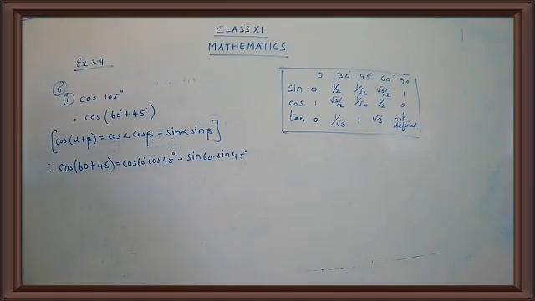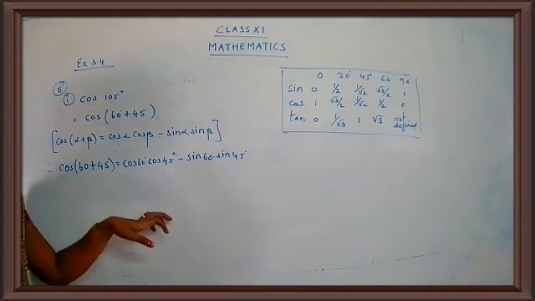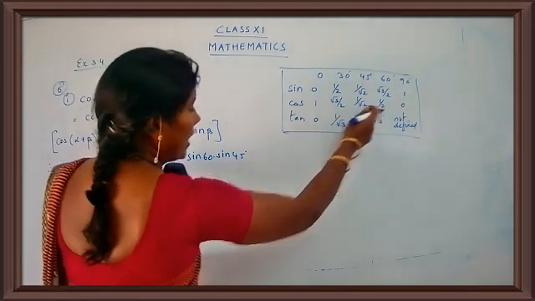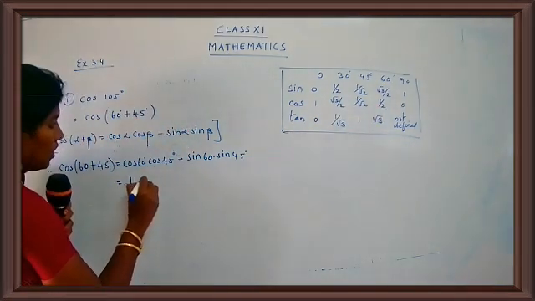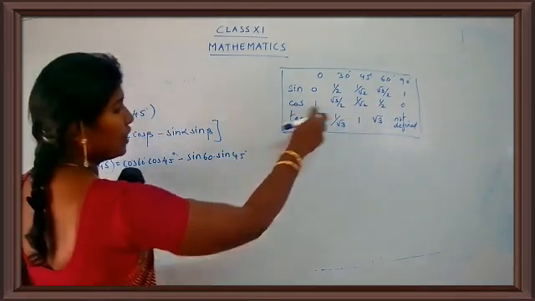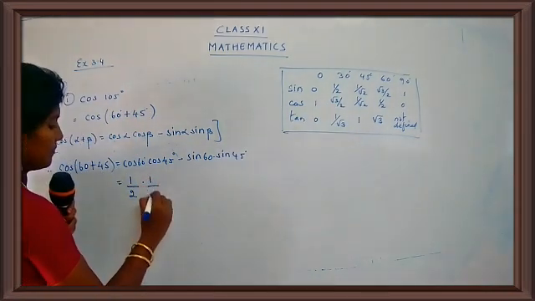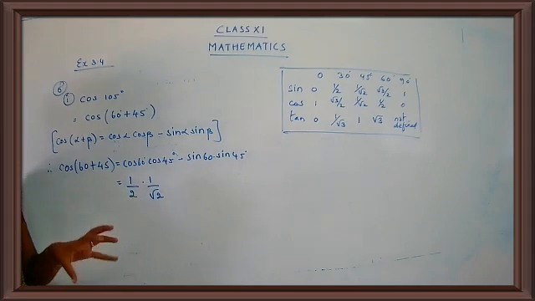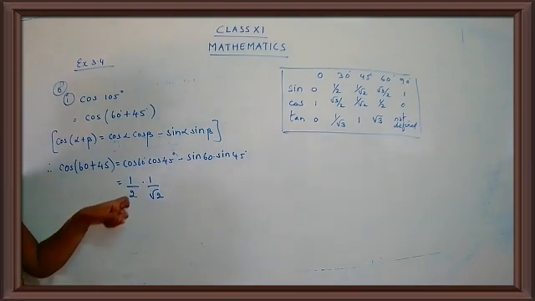Okay, I'm going to substitute the values. That's why I have drawn a table over there, so I can use the table and fill in the values directly. What is cos 60, children? Cos 60 is 1 by 2. Cos 45 is 1 by root 2. You can use a dot for the multiplication sign, dot is allowed.